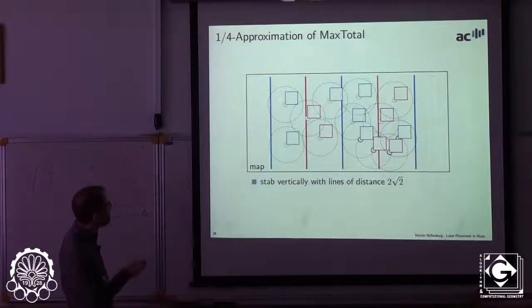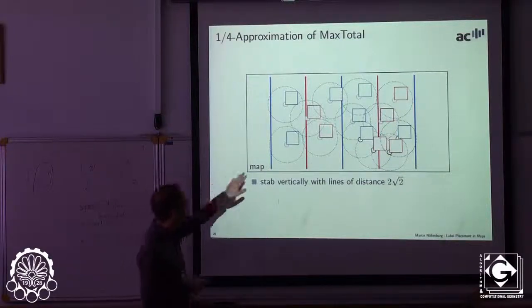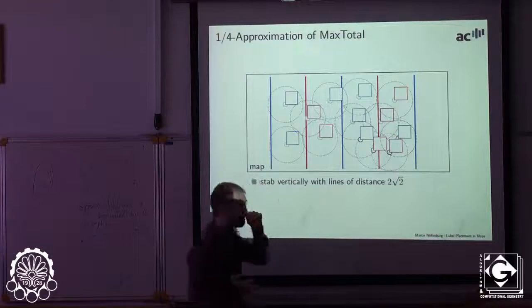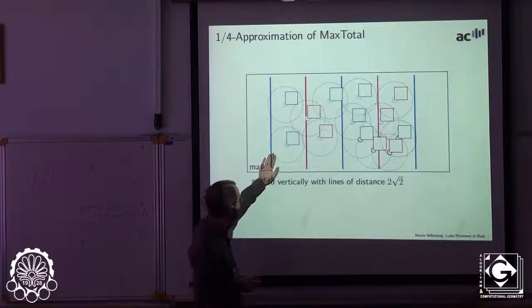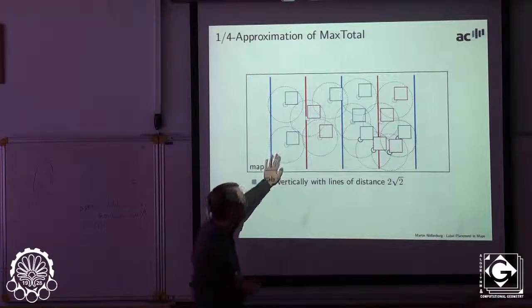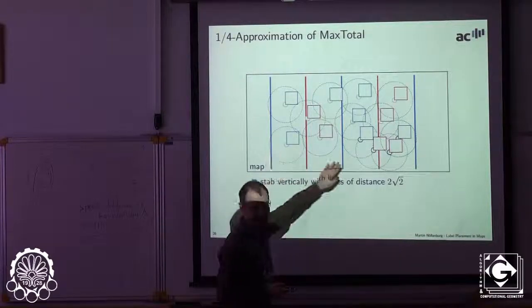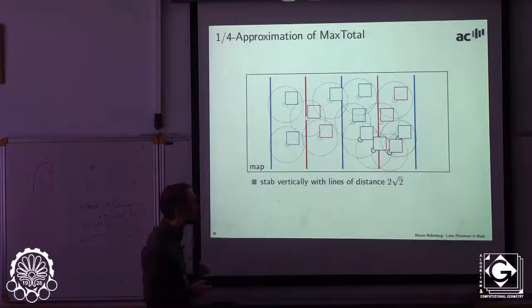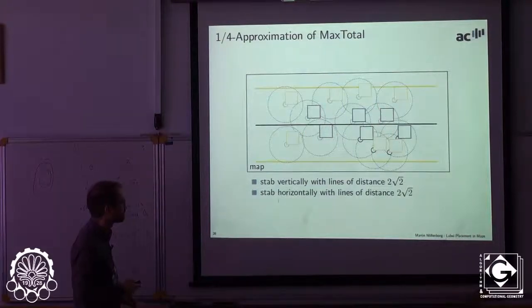Then we color each label by the parity of the stabbing line: the odd stabbing lines are blue and the even ones are red. This gives us a set of blue labels and a set of red labels. Note that no 2 blue labels can intersect each other. Blue and red could still intersect.